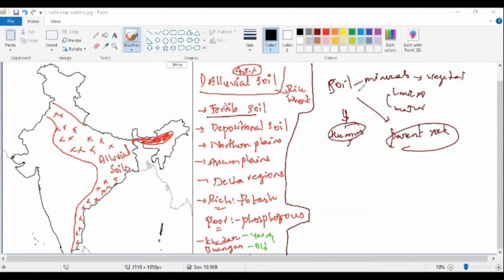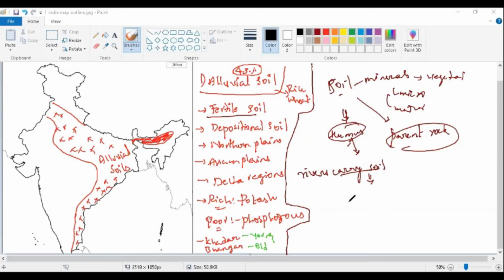This will give minerals to the soil. In this case, the rivers carry soil from other regions where there is fertile soil, which can be virgin soil, and then it will come down. That is the reason it is fertile. It is not necessary every time that there should be humus to call a soil fertile. Even in the absence of that, a soil can be fertile.